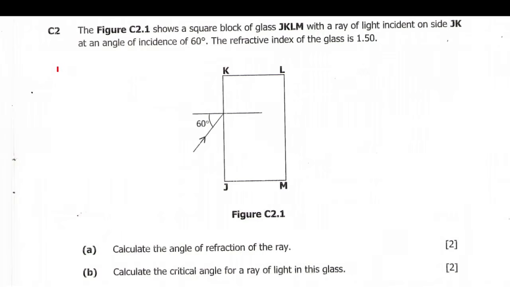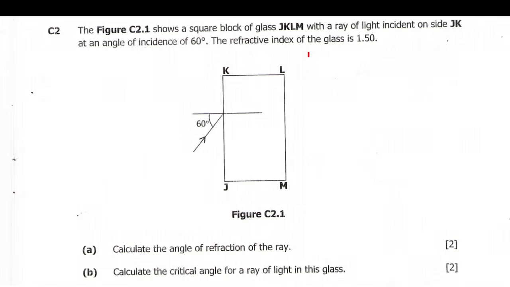Let's go to C2. C2 reads, the figure C2.1 shows a square block of glass JKLM with a ray of light incident on side JK at an angle of incidence of 60 degrees.